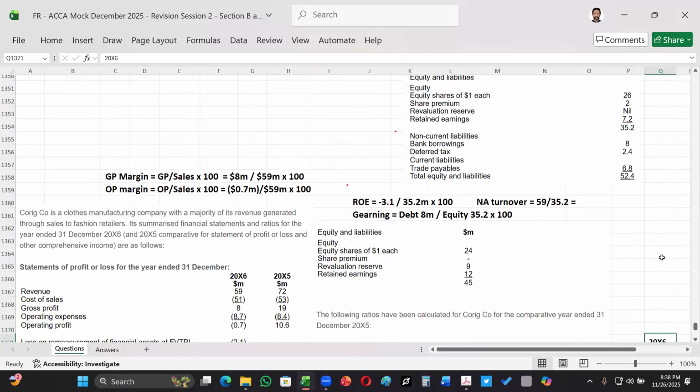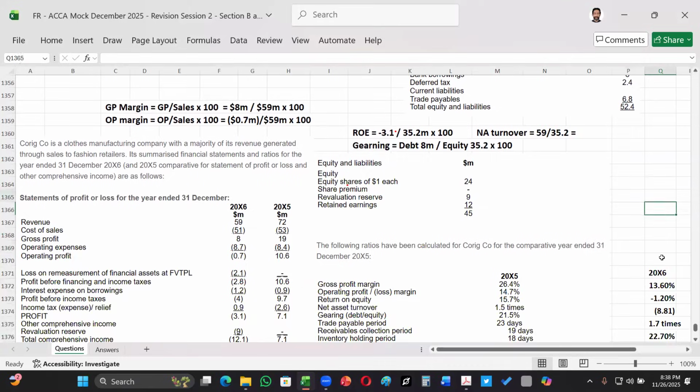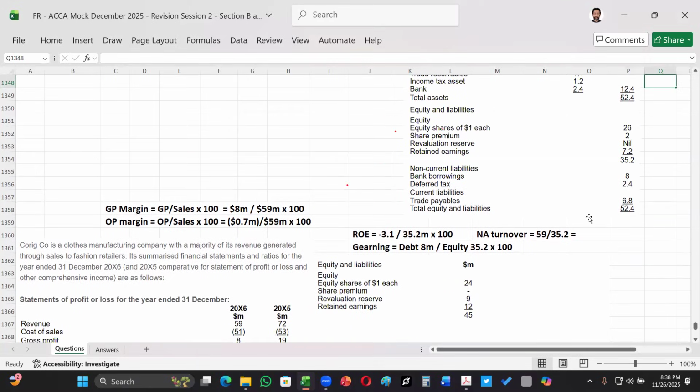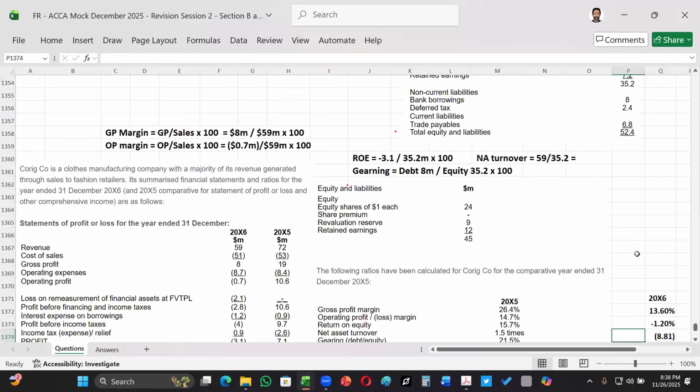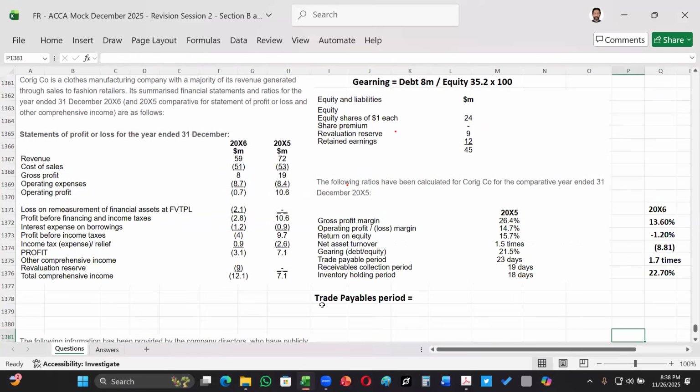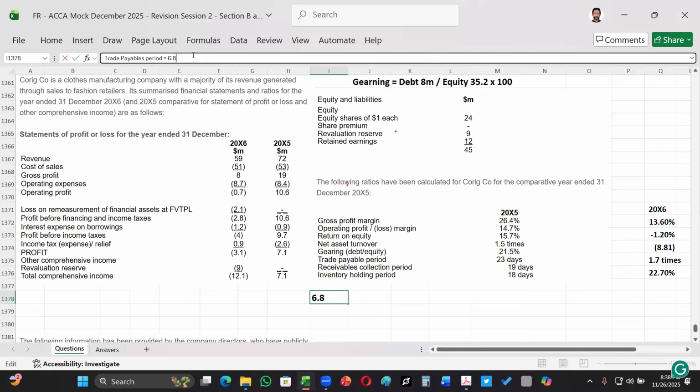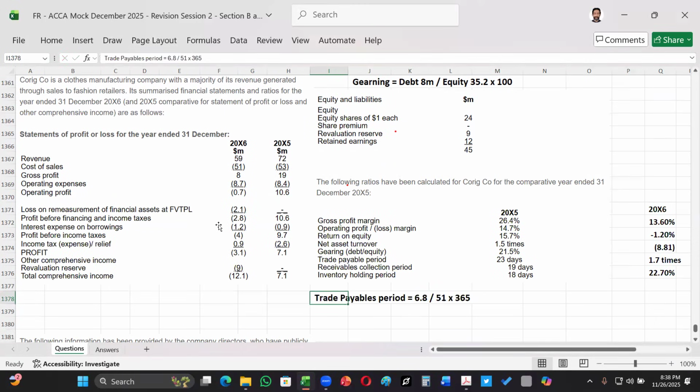If we look at this portion here, we have the payables here. The payables are 6.8, and we compare it with the cost of sales, which is 51, and we multiply that by 365 to get the days.